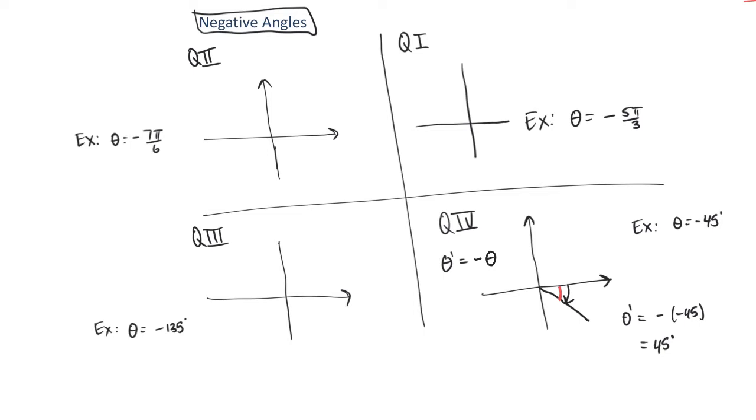Okay, let's look at another example. How about negative 5 pi over 3. So pi is negative 3 pi over 3. Here's 4, here's 5. So we're going around to negative 5 pi over 3.